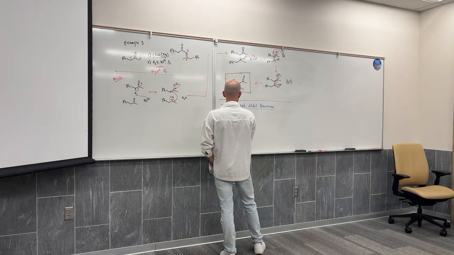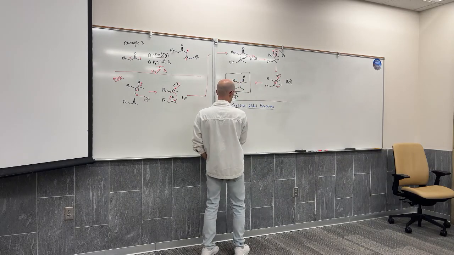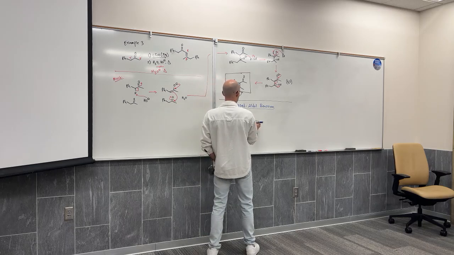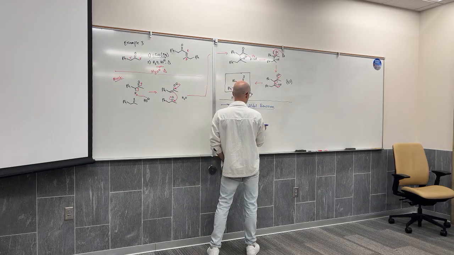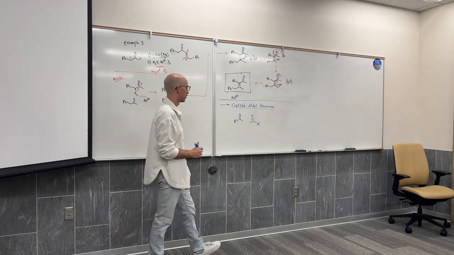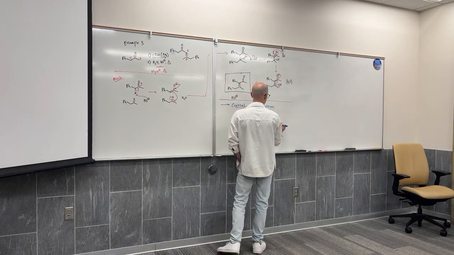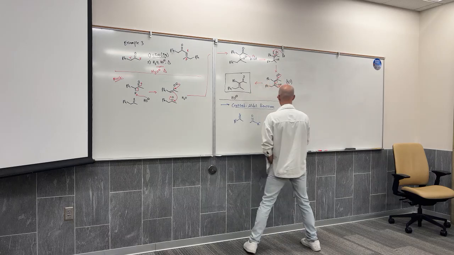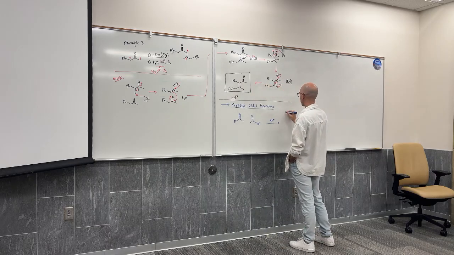So let's say that I have a carbonyl with R prime and a carbonyl with R double prime. And I react these with hydroxide. I get four different products that can occur.